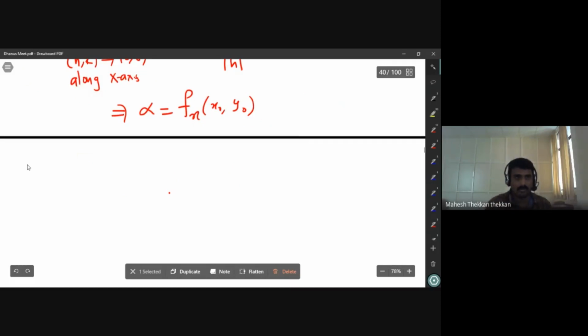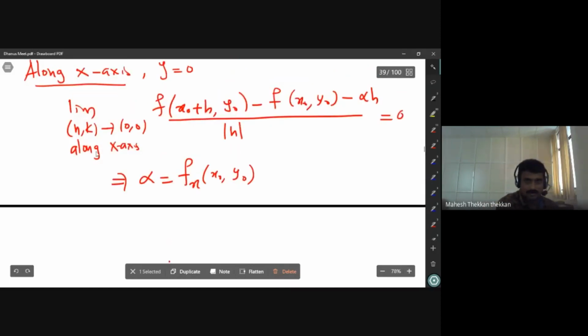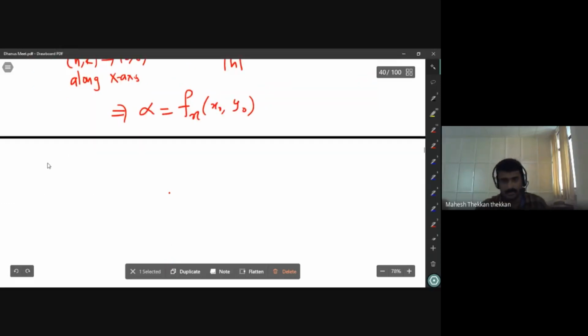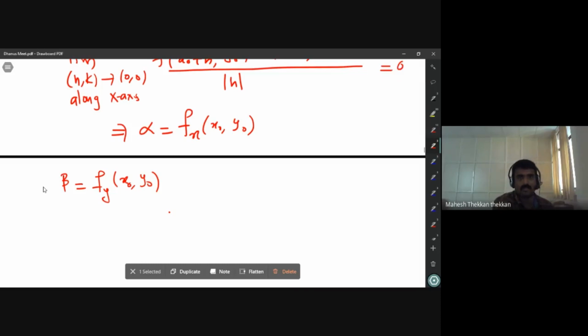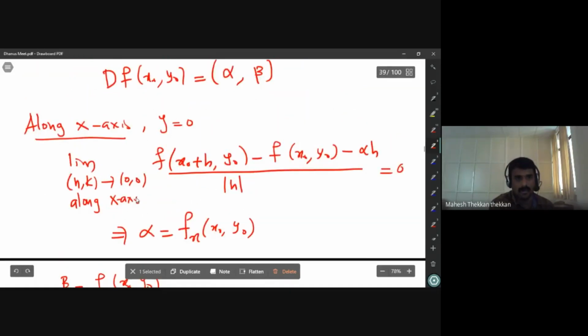For beta, you have to look along the y-axis. Then you will get beta is nothing but the partial derivative of f with respect to y at x naught, y naught. The same way you can do that, looking along the path of the y-axis, so you will get beta.